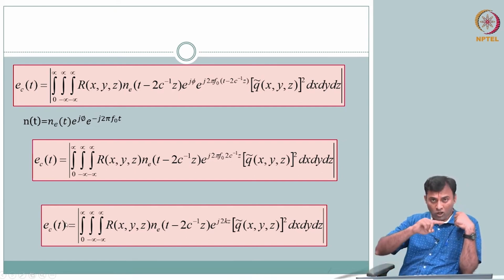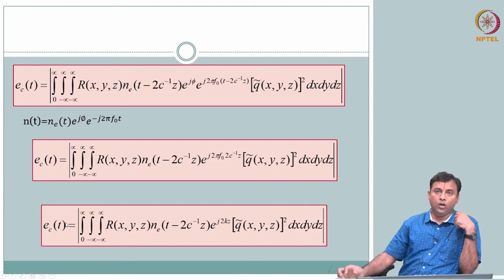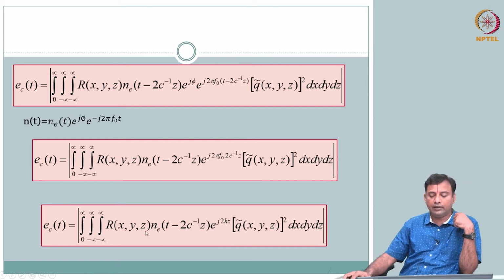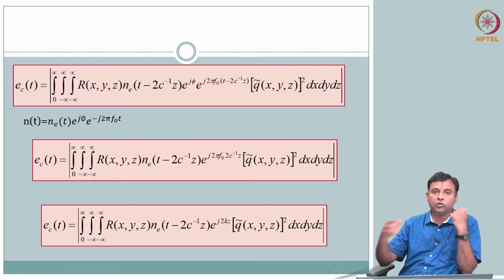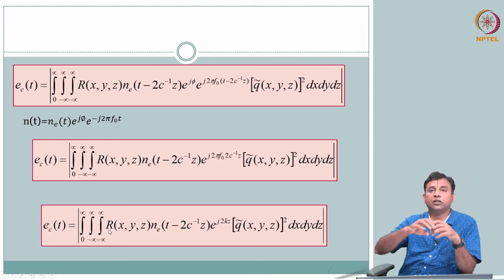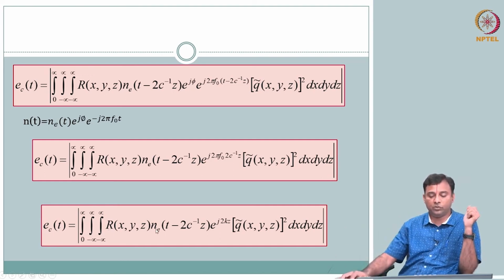Of course, this is the envelope of the received signal, and the received signal encompasses your R, right? Because whatever you sent in is getting reflected, bounced back. So depending on the distribution of your R in XYZ, along with you are sending a pulse, but that pulse is not going straight.